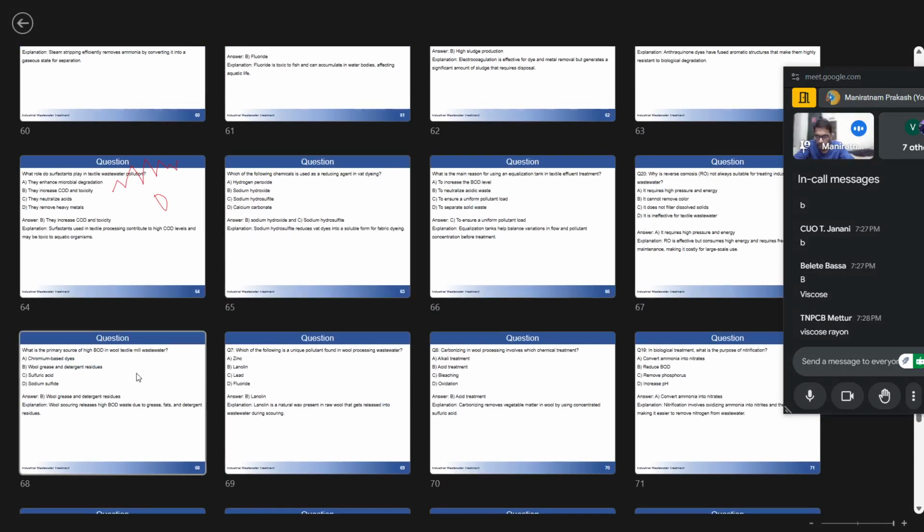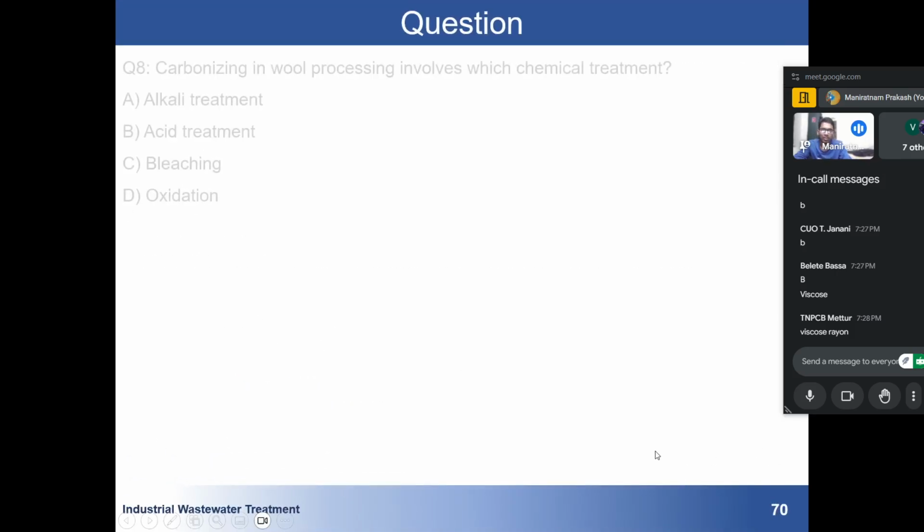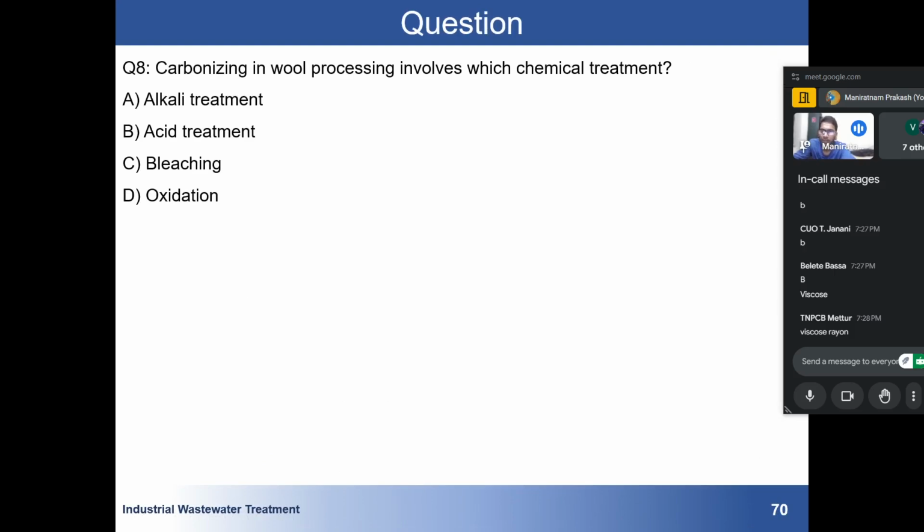Where were we? Coming to carbonizing: which chemical treatment does carbonizing involve? Whether acid is added, whether base is added, or bleaching is added, or oxidation is done.